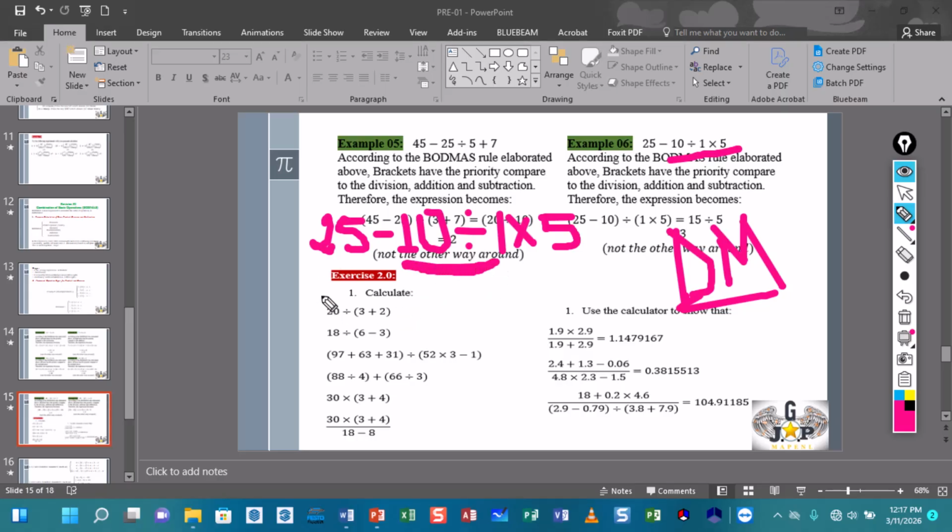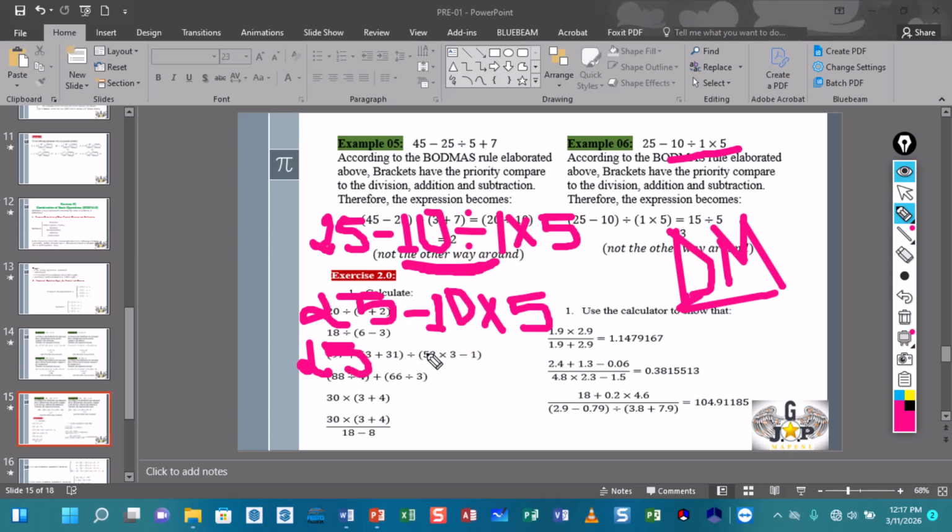So we have 25 minus 10 divided by 1. It is 10, because if you divide 10 by 1, you get 10. So we keep our 10, then we multiply by 5, keeping the 25 here by obeying the BODMAS rule.